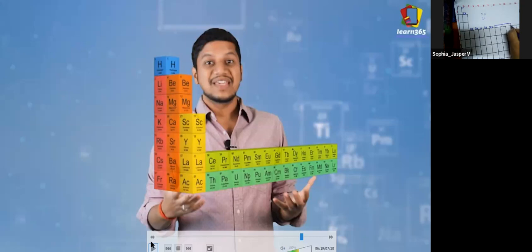This whole thing will be called 8 for a certain purpose. Again, 1B. You can see here in hydrogen, it is 1A. And then here, we will see what element it is. It is 1B, followed by 2B, 3A, 4A, 5A, 6A, 7A, and 8A.